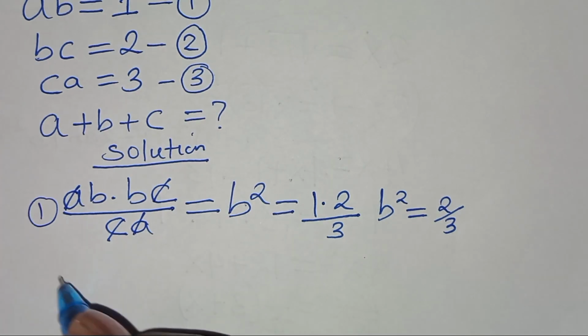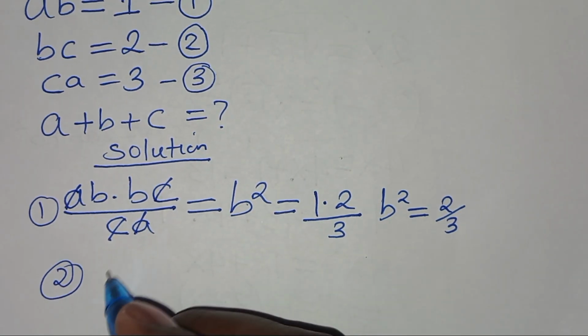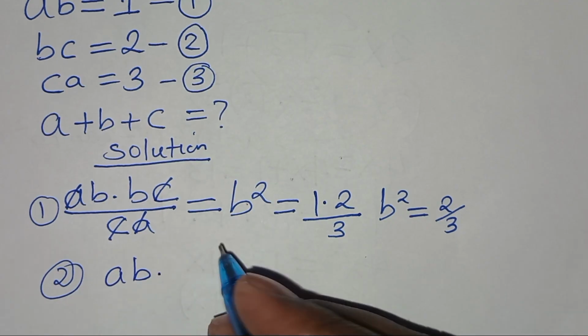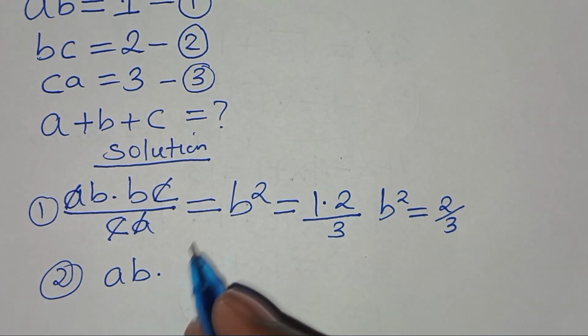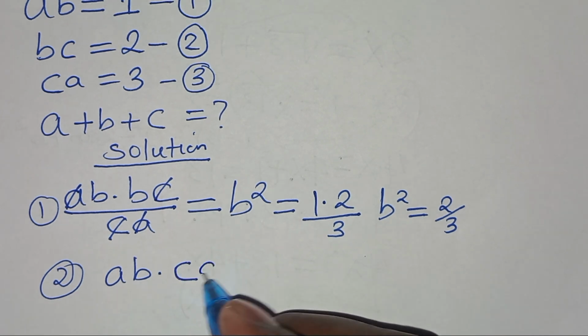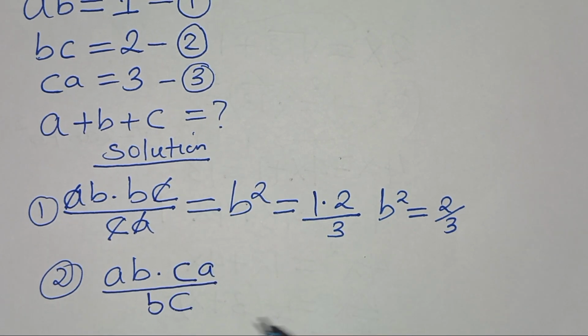Let's proceed to the second part. The second case here, we'll have a times b, that is ab, times c times a divided by bc.